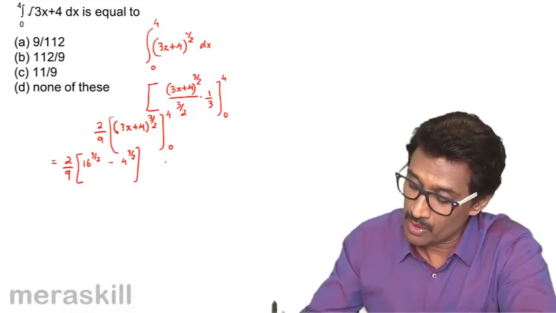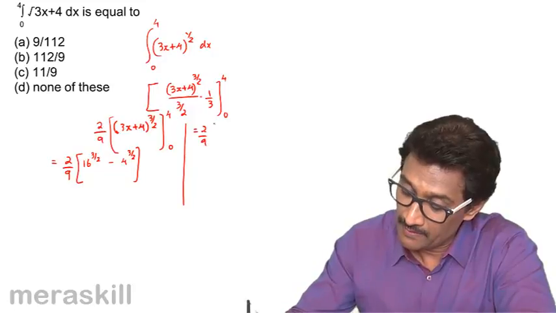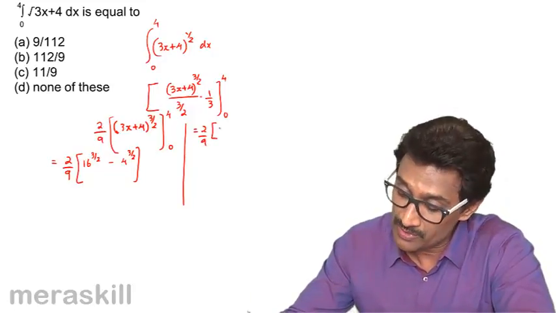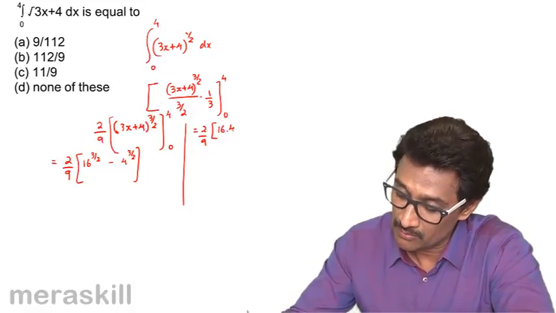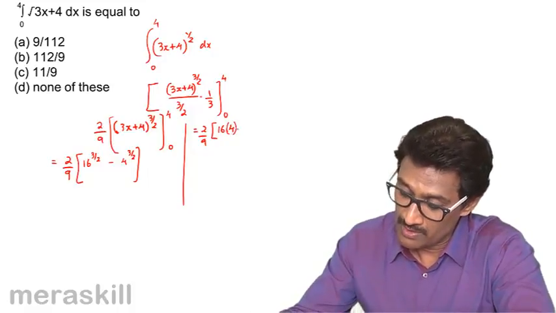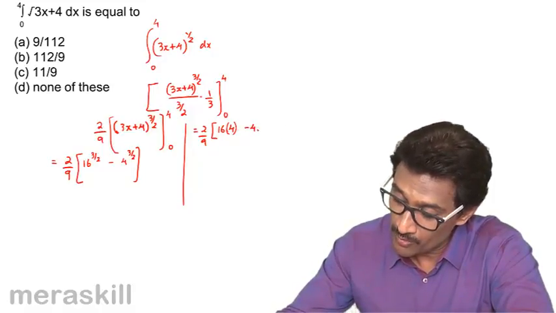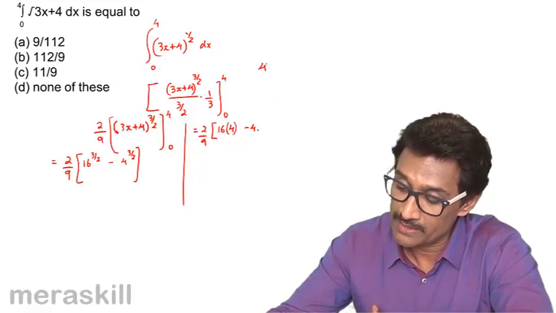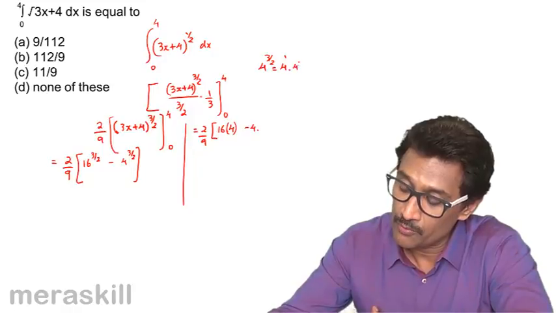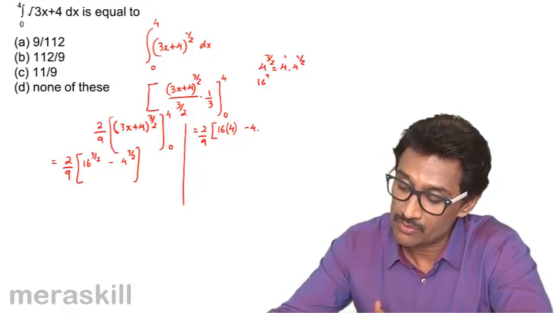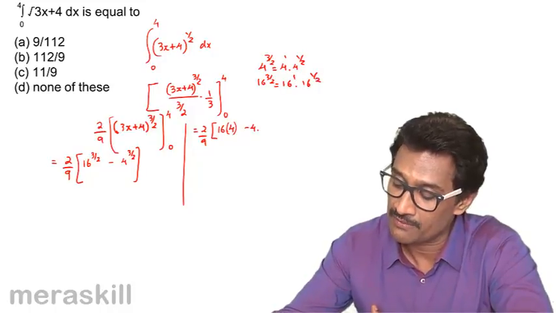Now this alone is what? 2 by 9 into 16 raised to 3 by 2 is nothing but 16 into 16 raised to half, that is 4. Then minus 4 raised to 3 by 2, that is minus 4 into square root of 4, because 4 raised to 3 by 2 is nothing but 4 raised to 1 into 4 raised to half, just as 16 raised to 3 by 2 is nothing but 16 raised to 1 into 16 raised to half.